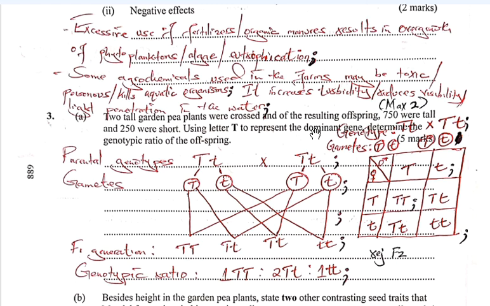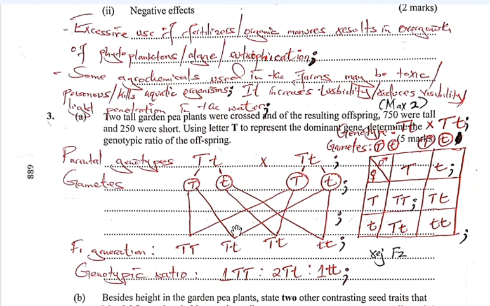Then the first mark is on the parental genotypes, it must have that cross. Then the second mark is on gametes. While using these lines, the gametes must be enclosed and the circle must be complete, and these lines should not pierce through the circles.